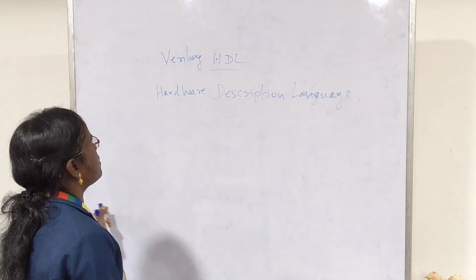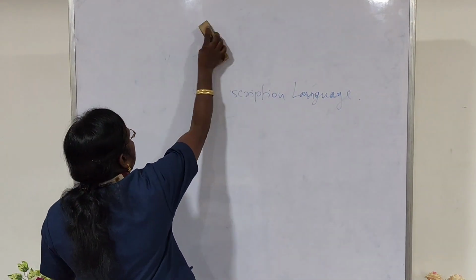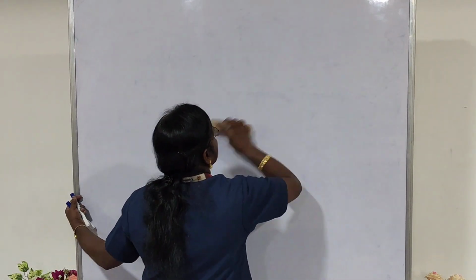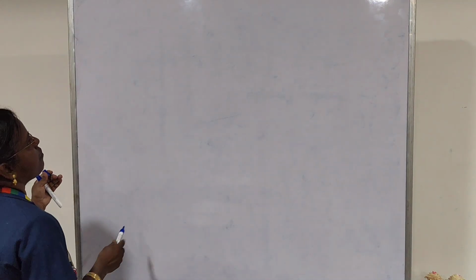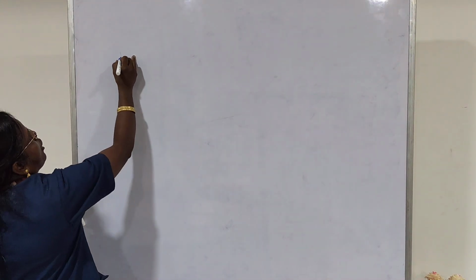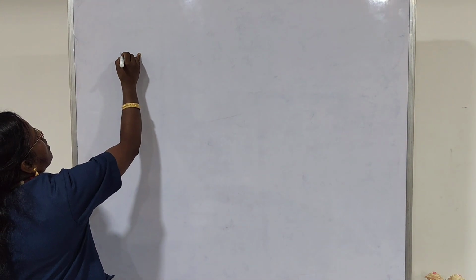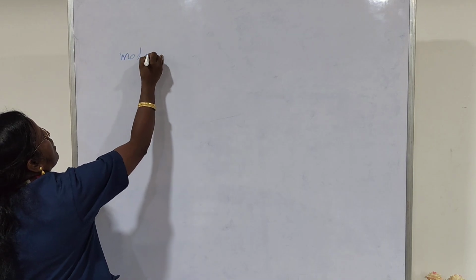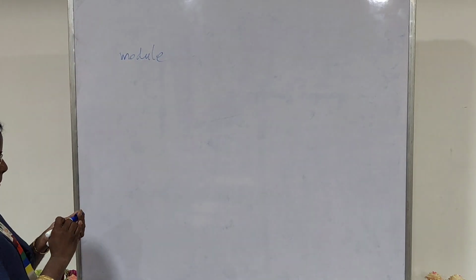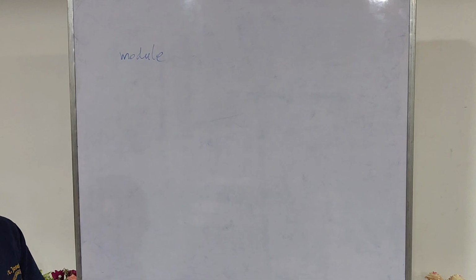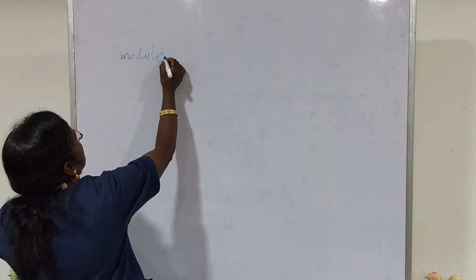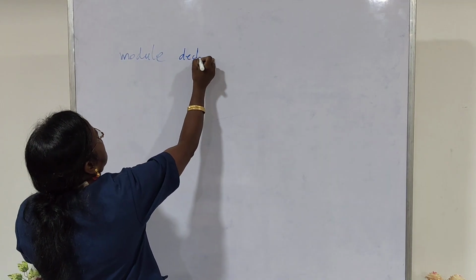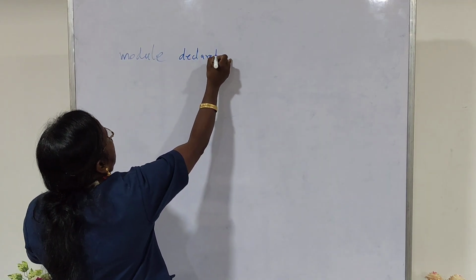Now we can see the general format of Verilog HDL. There are four parts in a Verilog HDL module. The first one is the module declaration, or module definition.